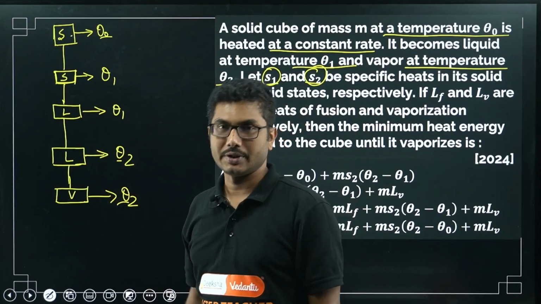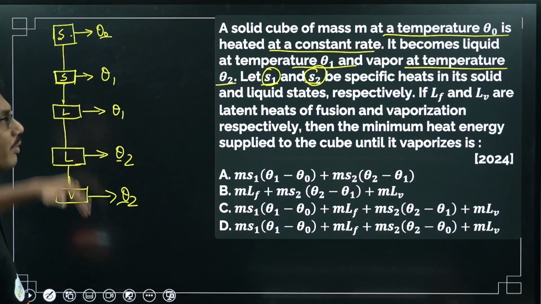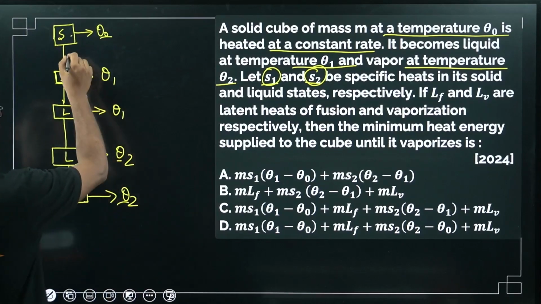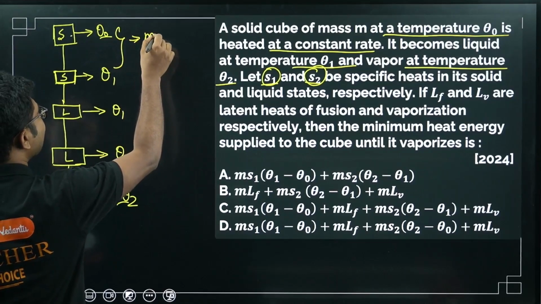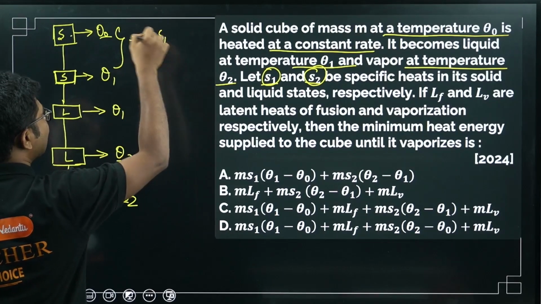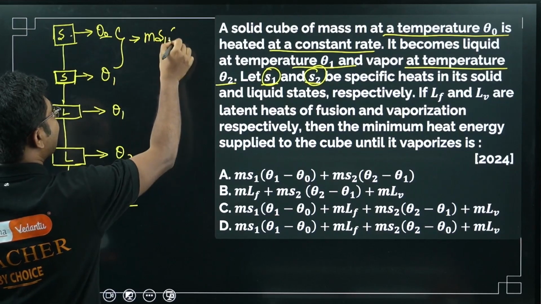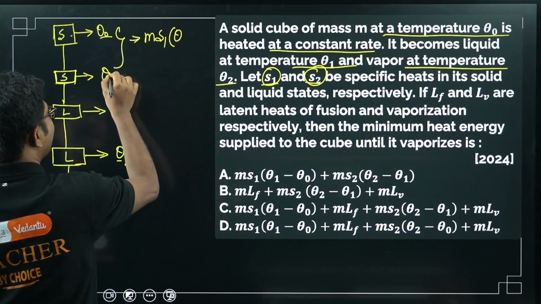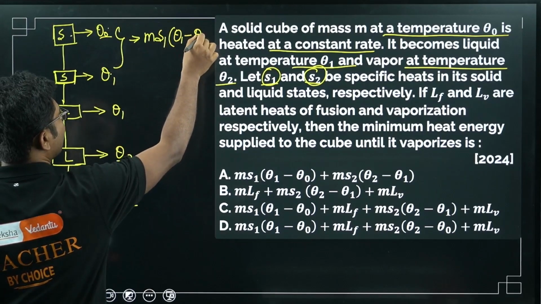That is the question. So what we will do is calculate the heat required for each of the steps. How much heat is required in this step? We know that Q is m s delta T, right? So m s1 for solid, s1 is given, and delta T is final temperature minus initial temperature, theta 1 minus theta naught.